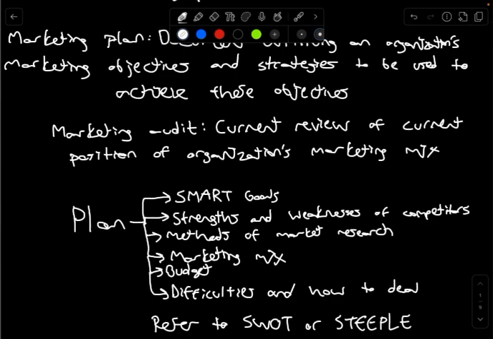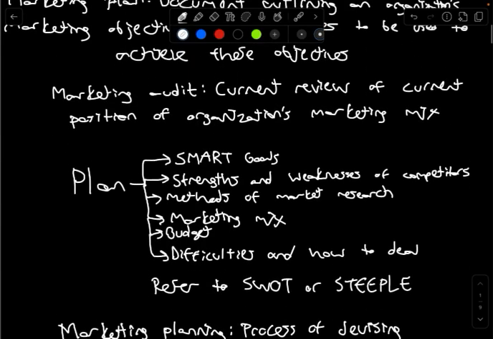The outline of the marketing mix, including, for example, the product design or distribution channels, the marketing budget, and then finally the outlining of the difficulties that the company might come across. So when looking at the plan, I think it's a good idea to refer to SWOT or STEEPLE analyses.